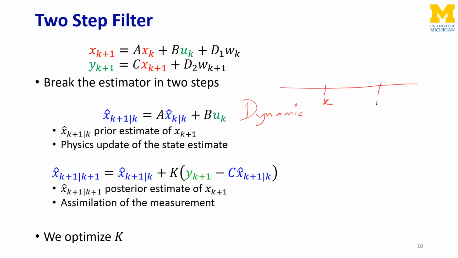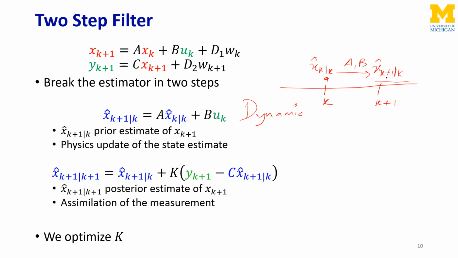We are at step k, and we want to go to step k plus 1. We have an estimate of the state at this point, called x hat kk. We use the dynamics of the system, given by the AB matrices, to produce x hat k plus 1 given k, the state estimate at step k plus 1 from the first step of the estimator.